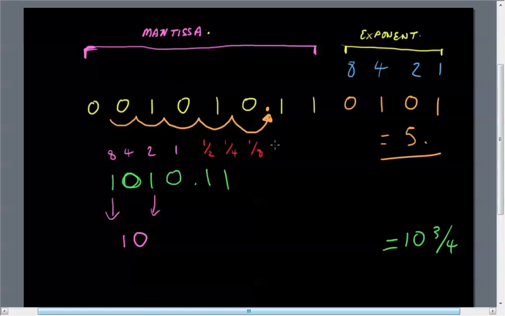If we were to continue, we would be doing this. Okay, so we only have 1/2 and 1/4, which works out as, to get the lowest denominator, 1/2 and 1/4 obviously is 3/4.